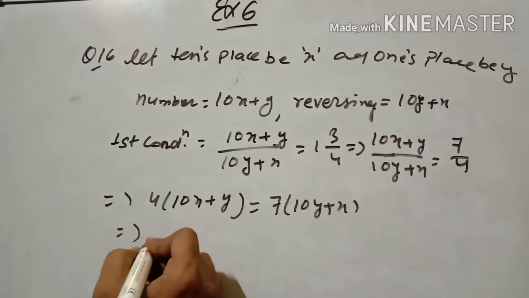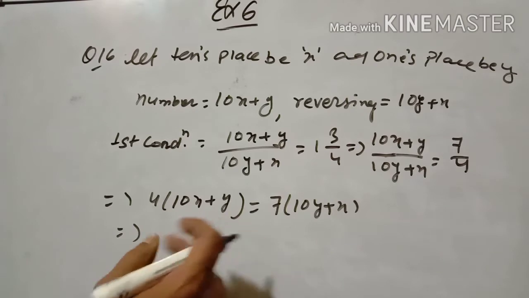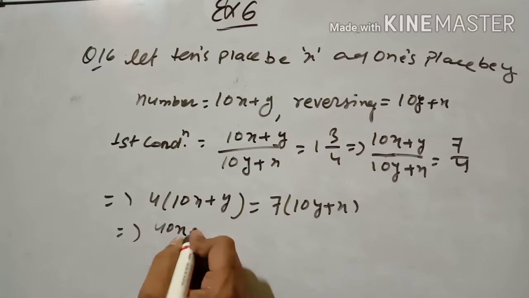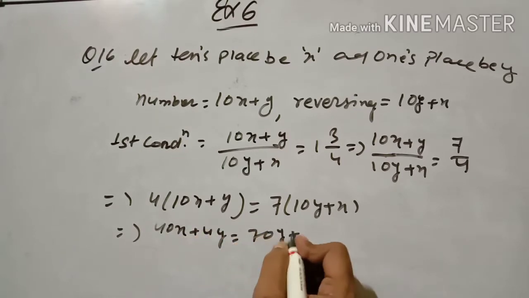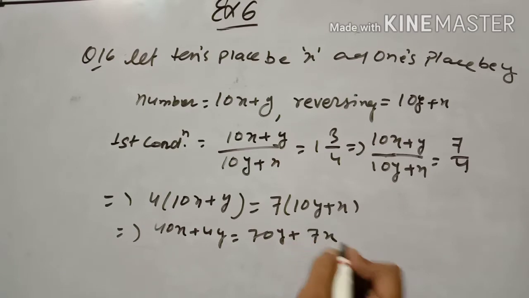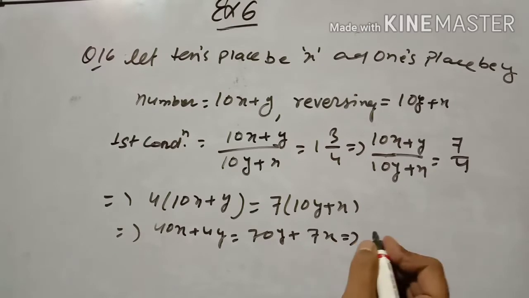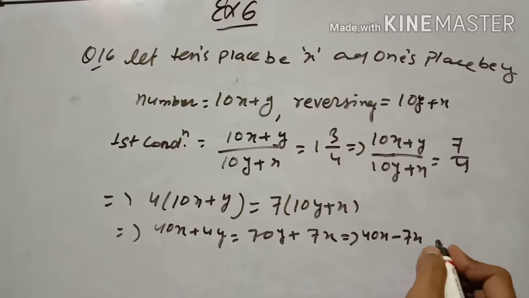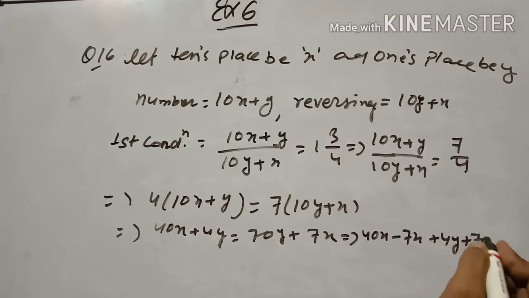So after resolving, we will get the equation 40x plus 4y equal to 70y plus 7x. This implies I can write 40x minus 7x plus 4y minus 70y equal to 0.